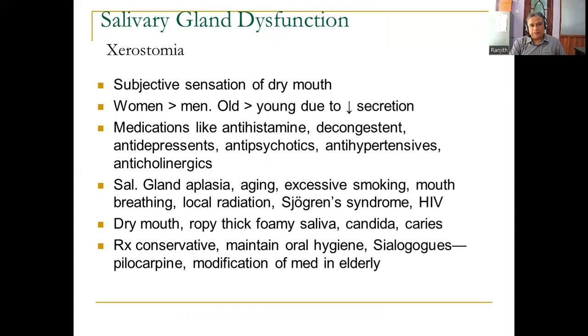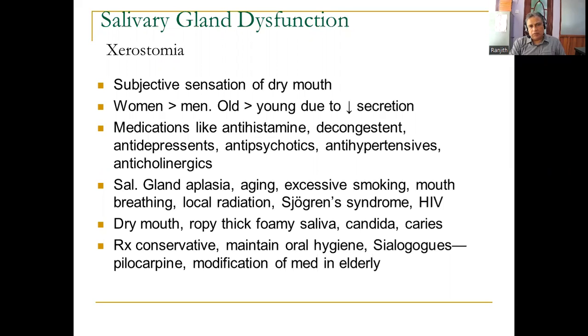Treatment is conservative. There's not much treatment modality available at the moment, especially if you have Sjogren's syndrome, which is an autoimmune disease, and the chances of correcting that are very minimal with the technology we have. So how do you treat it?